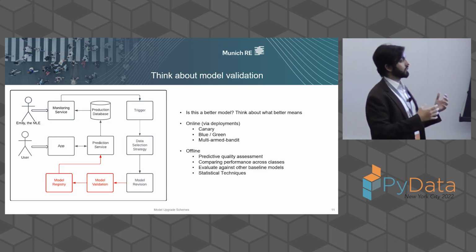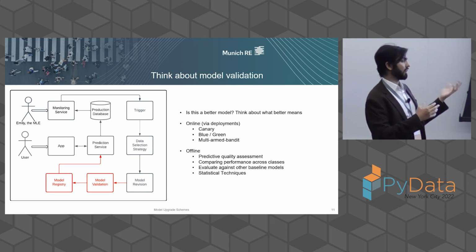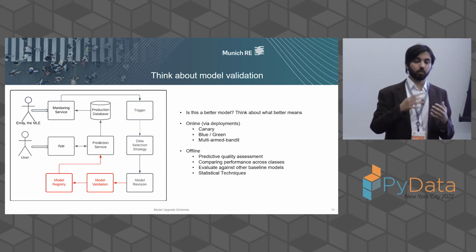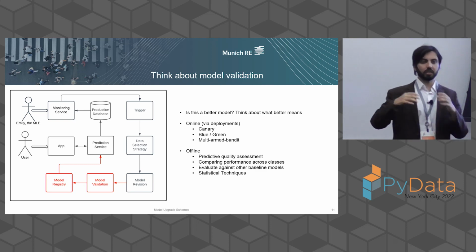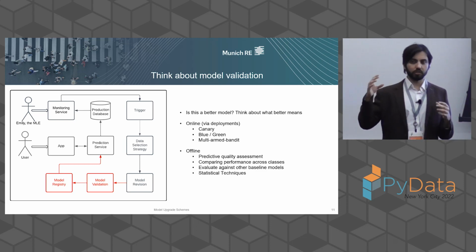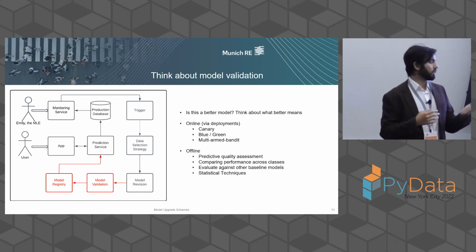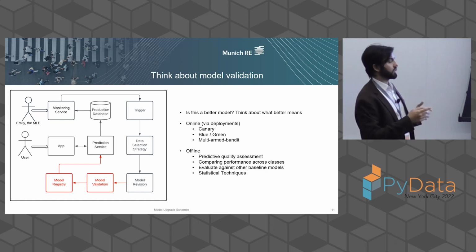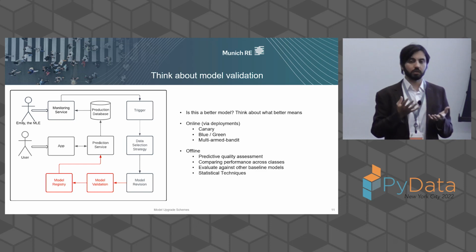There are offline strategies which apply more to us, where you can do predictive quality assessment, where you assess the quality of the model, similarly to how you did the evaluation in your experimentation phase. Then you can also compare performance across different classes or against different baseline models, or you could have more statistical techniques that decide whether this model is better or not.